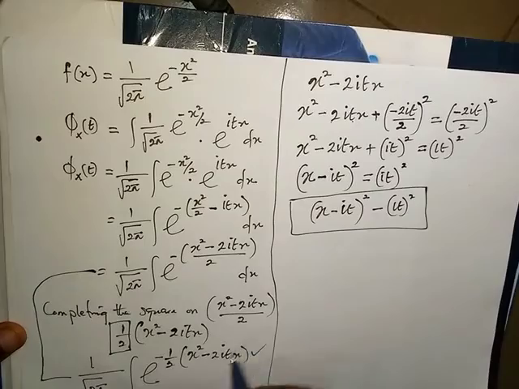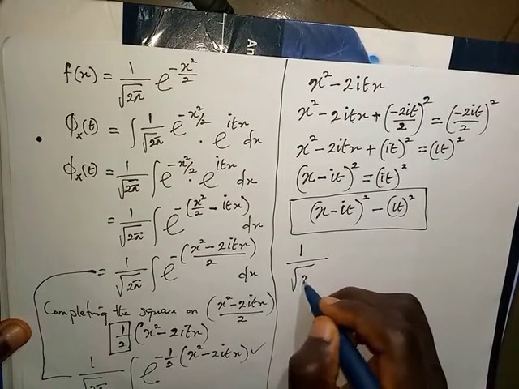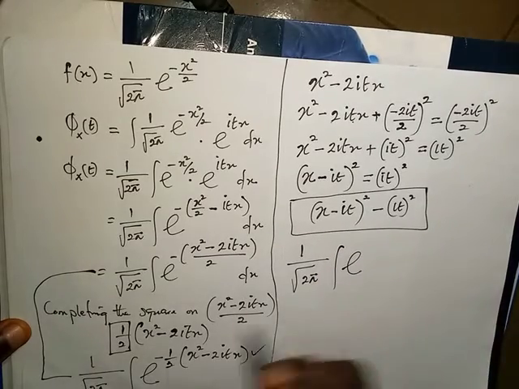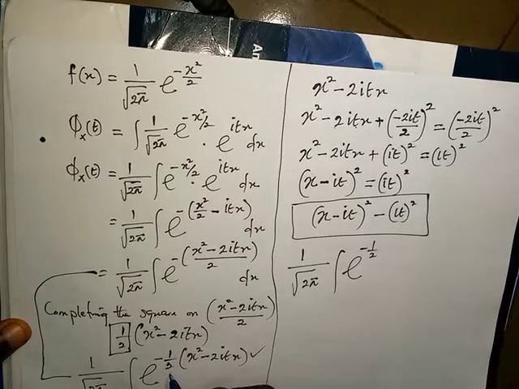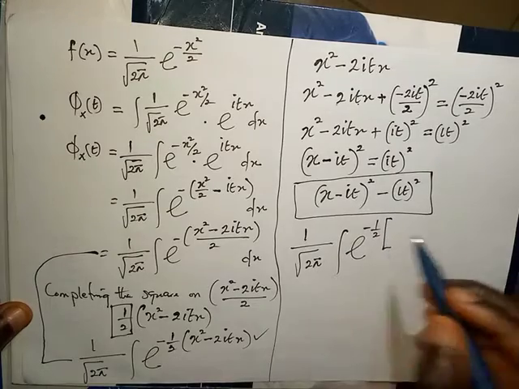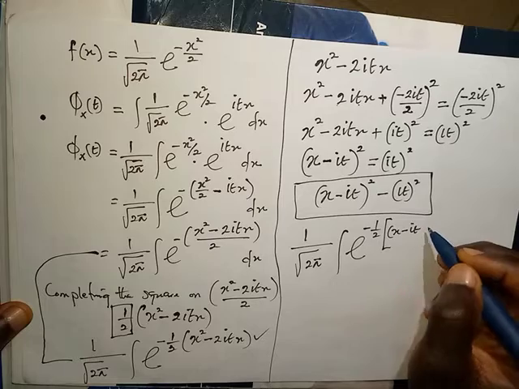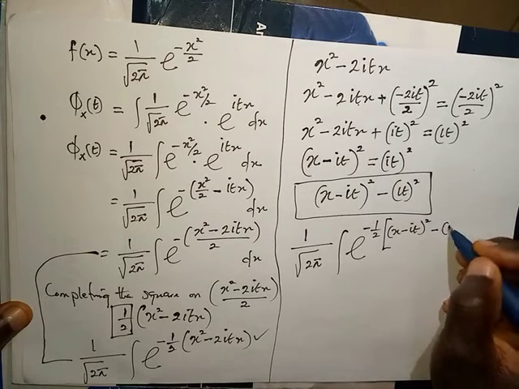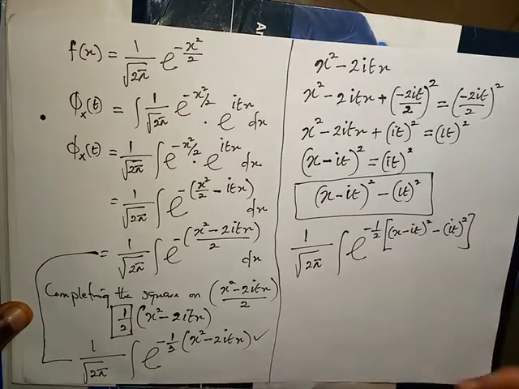So this one we can slot in here. So we have 1 over square root of 2 pi integral exponential. Now we have a minus 1 over 2. We already have minus 1 over 2 here. Then into bracket all this value here now, x minus i t raised to the power of 2 minus i t raised to the power of 2, bracket close.